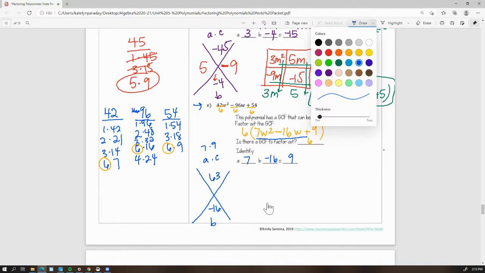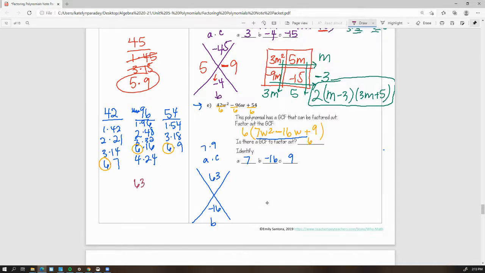So we have to make sure that we know, okay, now let's look at our factors of 63. 1 times 63. 63 divided by 3, I'm guessing. 3 times 21. 7 times 9. Okay, so I actually know, oh, well, 7 and 9 will give me 16. Negative 7, negative 9 give me negative 16, but they multiply to be positive 63.